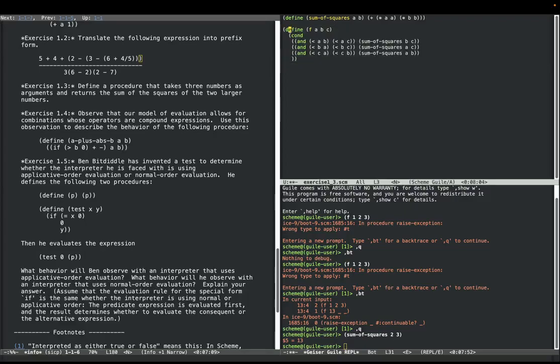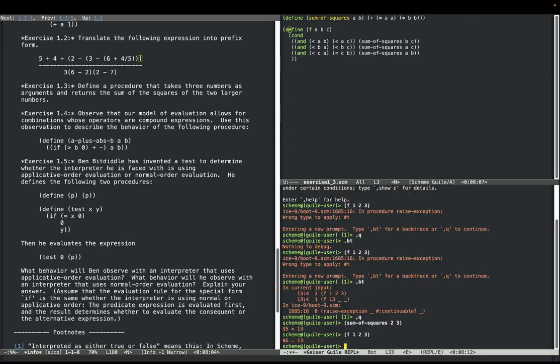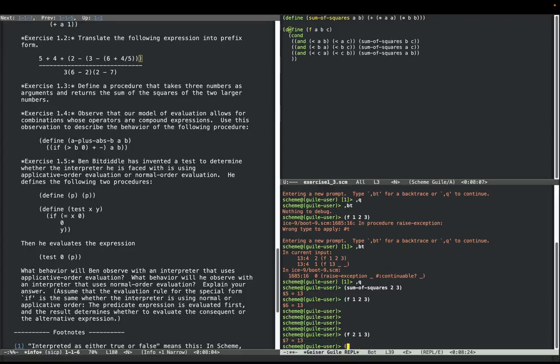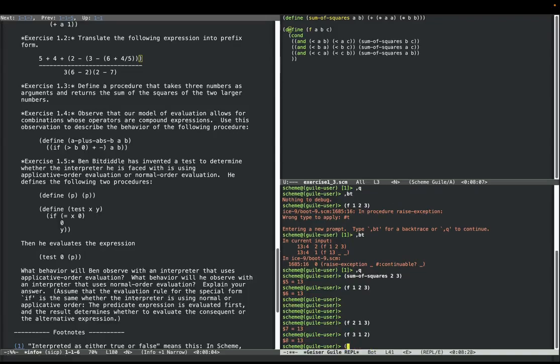Let's see if that works. Okay. F of 1, 2, 3. Boom. Okay, that works. So if we permute the 3 arguments, it should always return 13, right? So I think we can test it that way. F of 3, 1, 2. Yeah, so it seems to work.